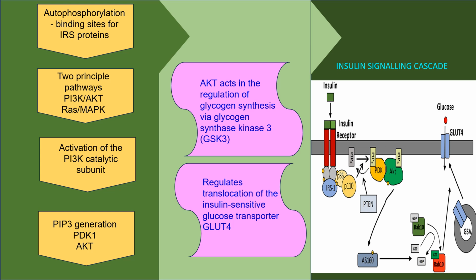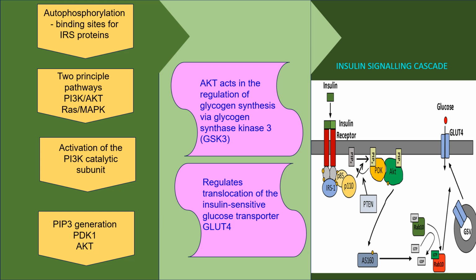The PI3K pathway is activated by the binding of PI3K regulatory subunit P85 to IRS1. This results in the activation of PI3K catalytic subunit P110. Once the P110 subunit is activated, PI3K then catalyzes the phosphorylation of phosphatidylinositol diphosphate to generate PIP3, that is phosphatidylinositol triphosphate.